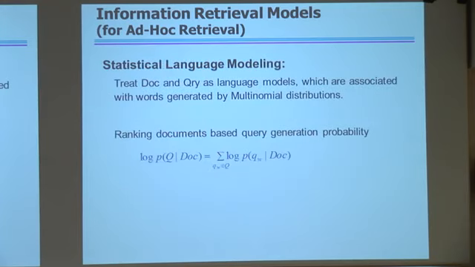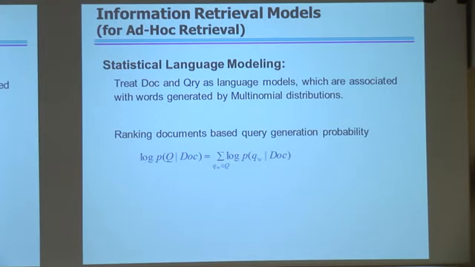So therefore, people wanted to go a step further. In particular, they wanted to find some type of representation that enjoys a more solid foundation. And this statistical language modeling approach has been a very popular approach in the IR community in the last 10 years. The idea is also very simple.